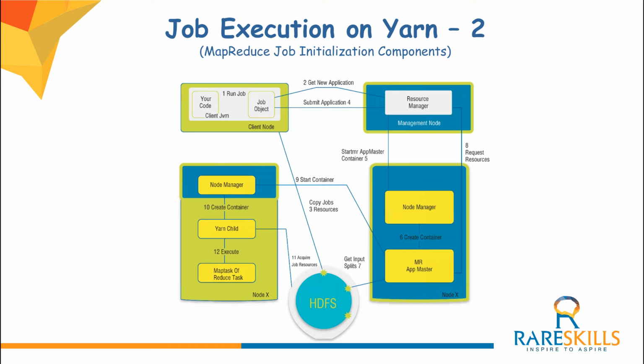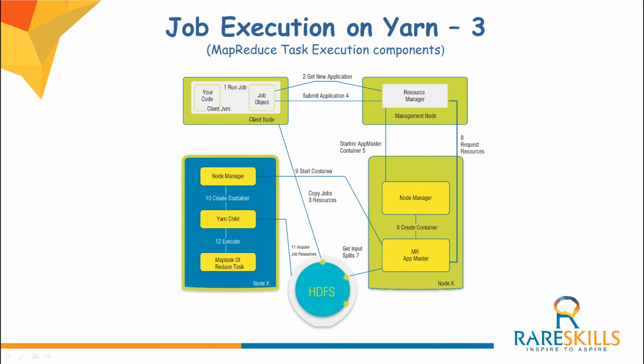After that, the MapReduce application master negotiates with the resource manager for available resources. So here it connects to the resource manager first. It requests resources from the resource manager, and again the resource manager selects one node manager to start a map and reduce task.